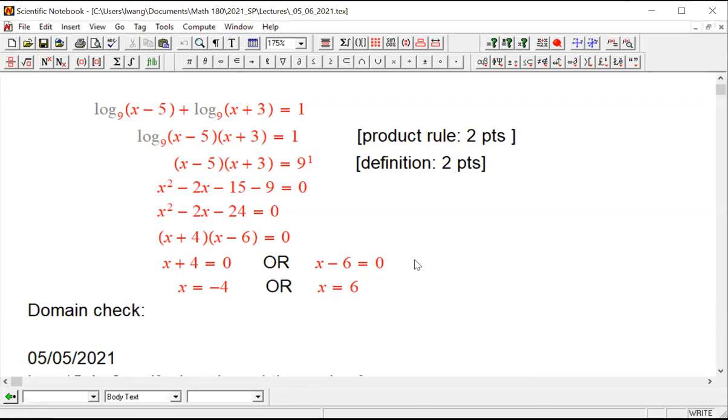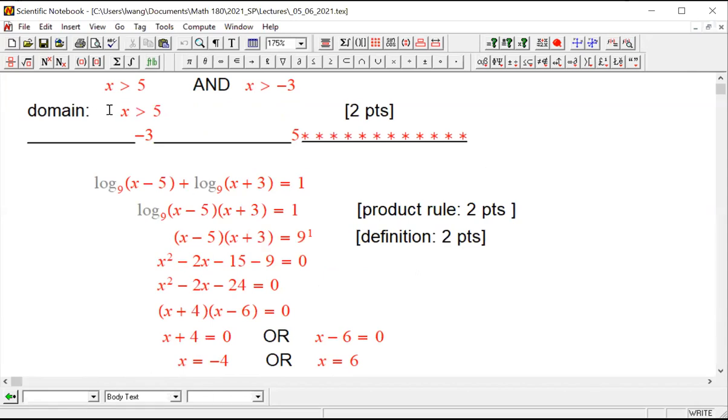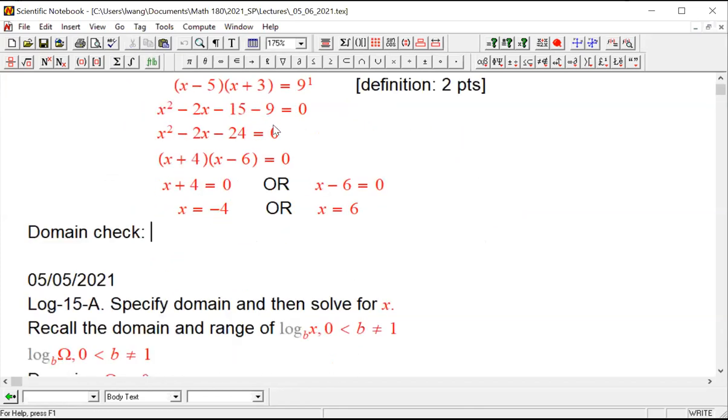What is the domain? X is larger than 5, right? Domain is x larger than 5, right? So you can say -4 is outside of the domain, right?